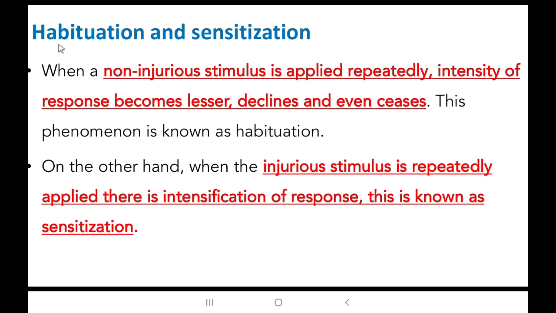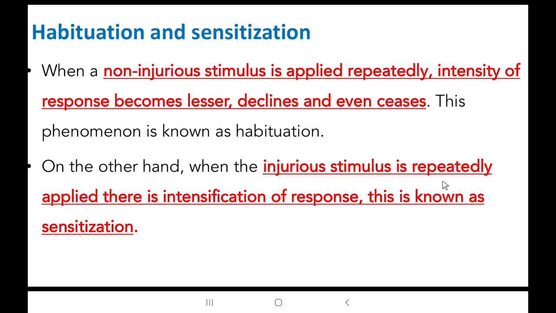Now habituation and sensitization. When a non-injurious stimulus is applied repeatedly, the intensity of response becomes lesser, or gradually declines and even ceases sometimes. This is called habituation. Now what is sensitization?